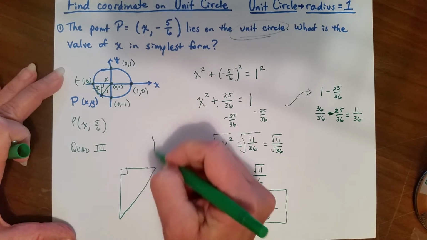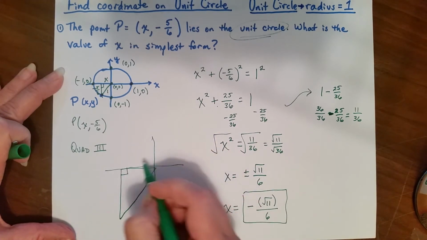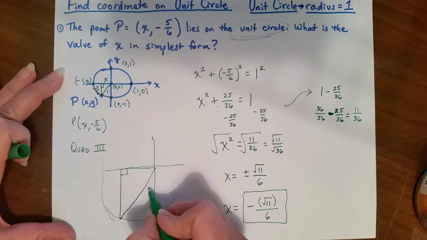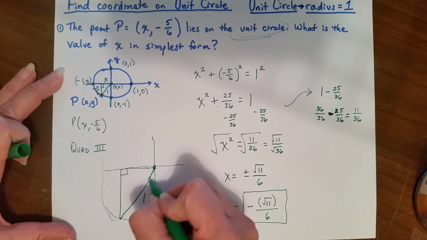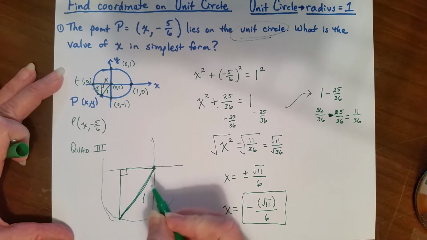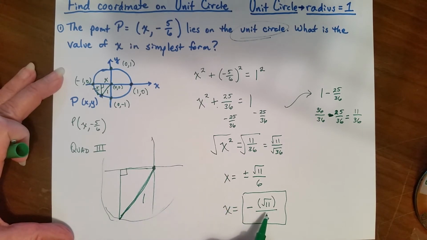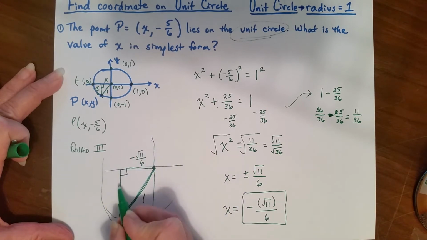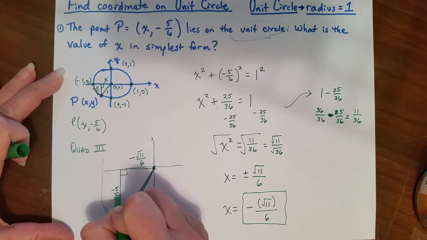Okay, this triangle blown up looks like this. Here's our unit circle part. This is a radius of 1, so our hypotenuse is 1 because that's the radius. This is negative square root of 11 over 6, and this is negative 5/6.